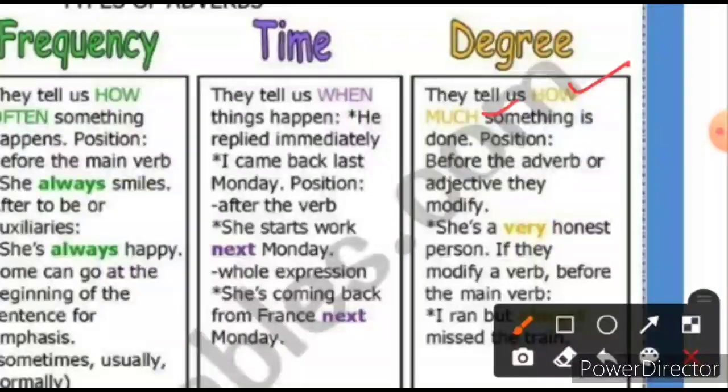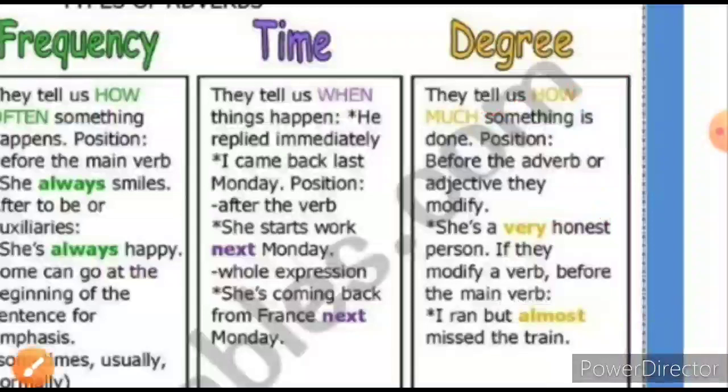For example, she's a dash honest person. Now over here we have very. Very is your adverb of degree, honest is your adjective. And if they modify a verb, it will come before the main verb. For example, I ran but almost missed the train. So over here almost is your adverb of degree. Now we come forward.